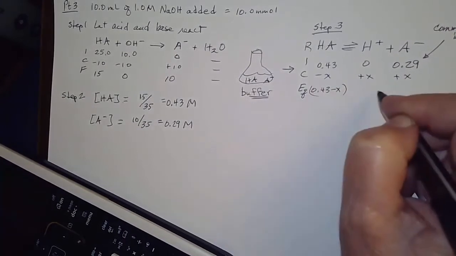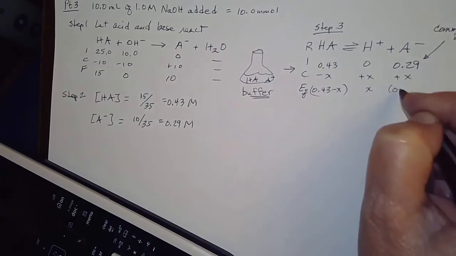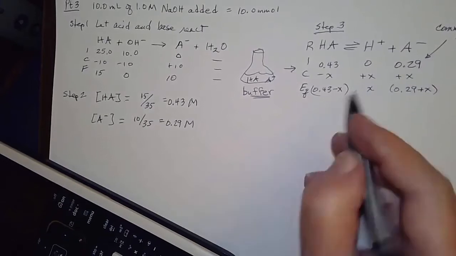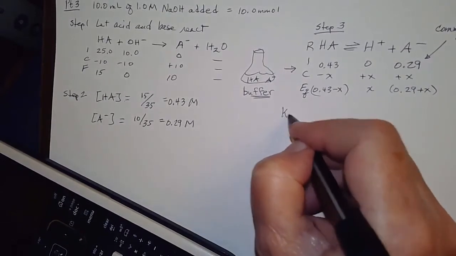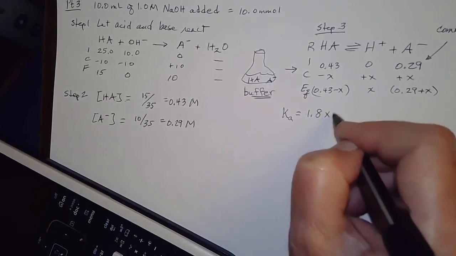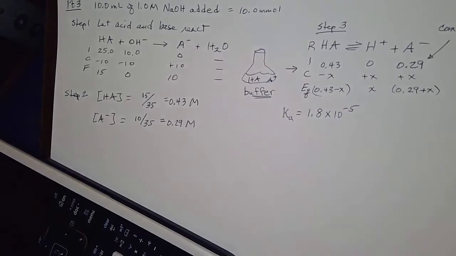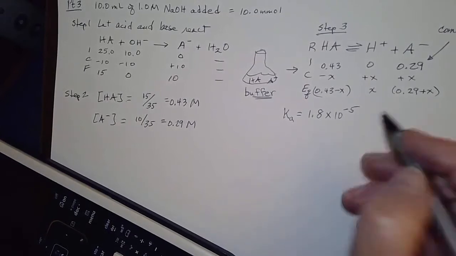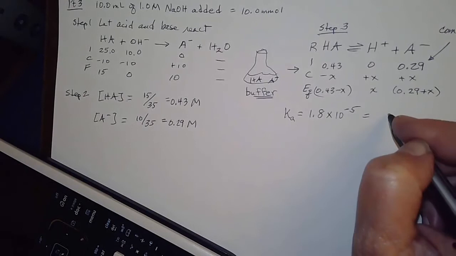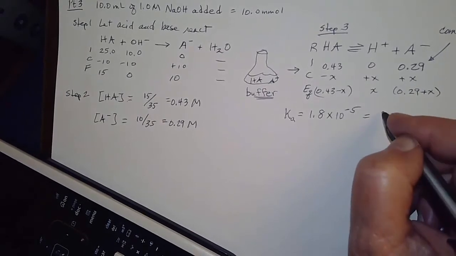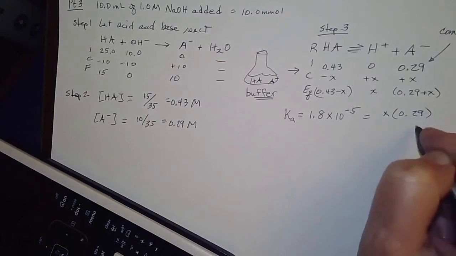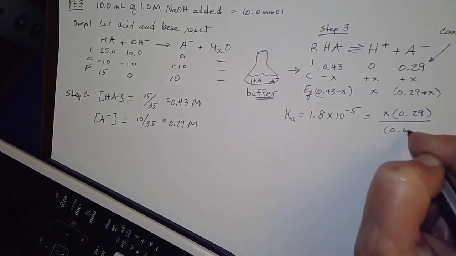Please don't forget that, even though we are going to ignore it because it's a common ion. Then we have Ka for acetic acid. You can look it up in the table. It'll always be given to you on assessments. And that is going to equal x times 0.29 over 0.43.